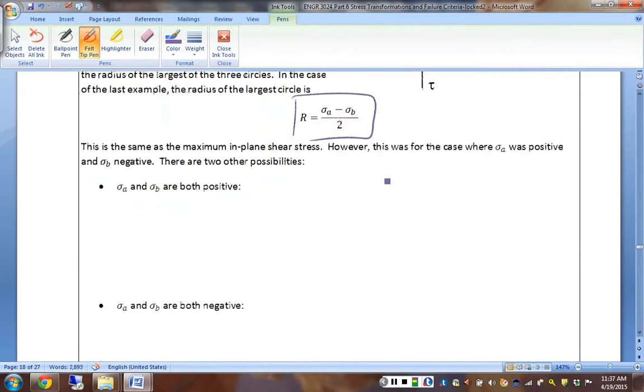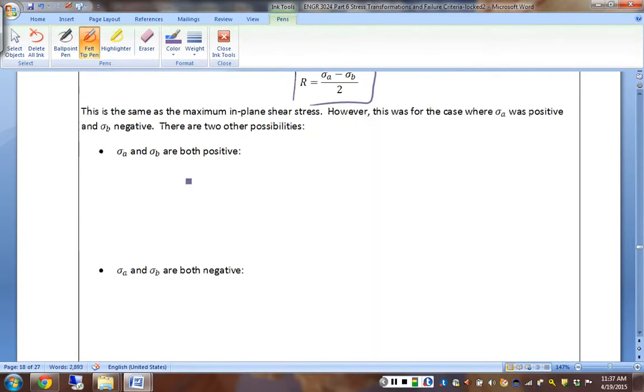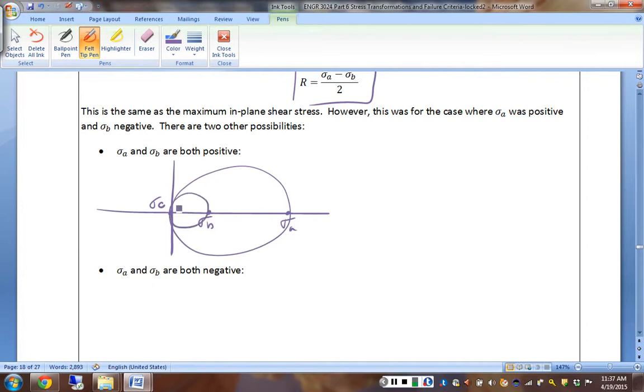If instead you have sigma A and B both positive, what would this 3D Mohr's circle look like? If we have a sigma B and a sigma A, and we know that sigma C for our plane stress is always 0, we would have the largest possible circle, with our sigma B, sigma C, and our sigma A, sigma B.